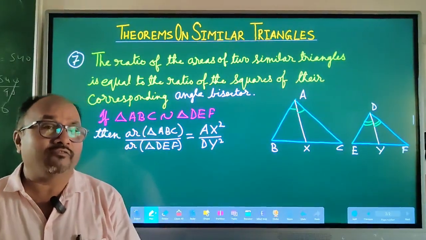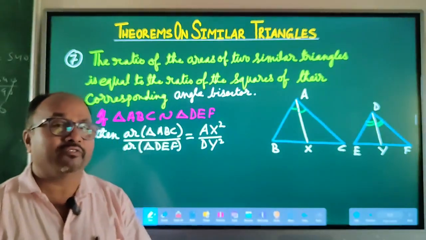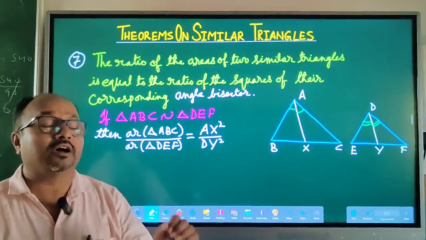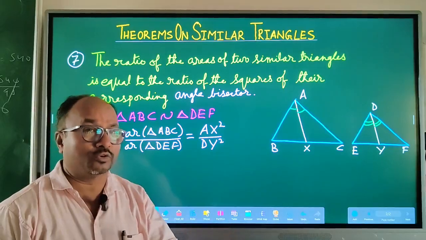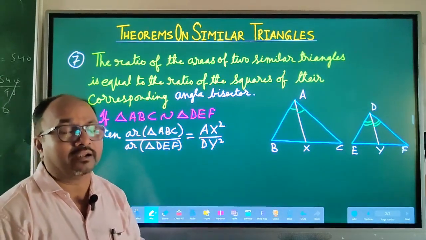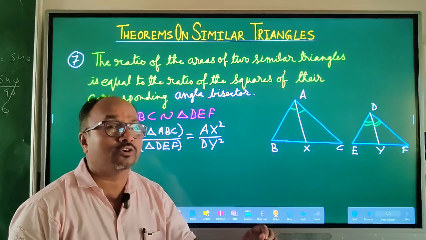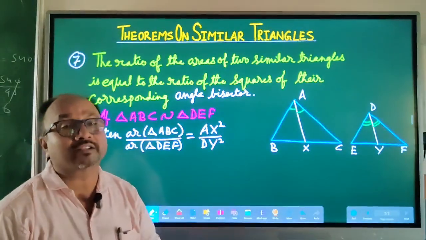But a very important instruction. In the exam, whenever you are asked to find the ratio, you need to give the answer not as a fraction but as a ratio. It's written as a fraction here so that it is easy to understand. But if the answer is asked in ratio, you should give your answer in terms of ratio, not as a fraction.